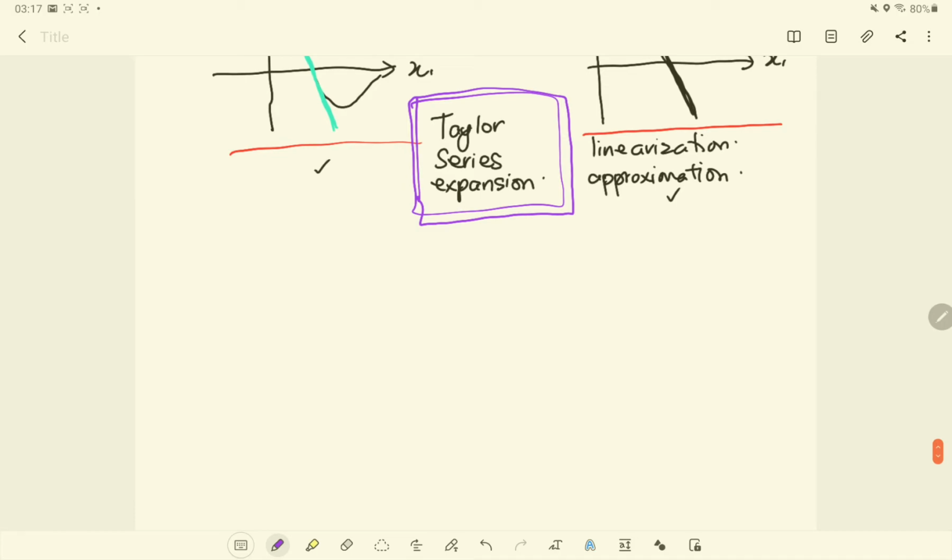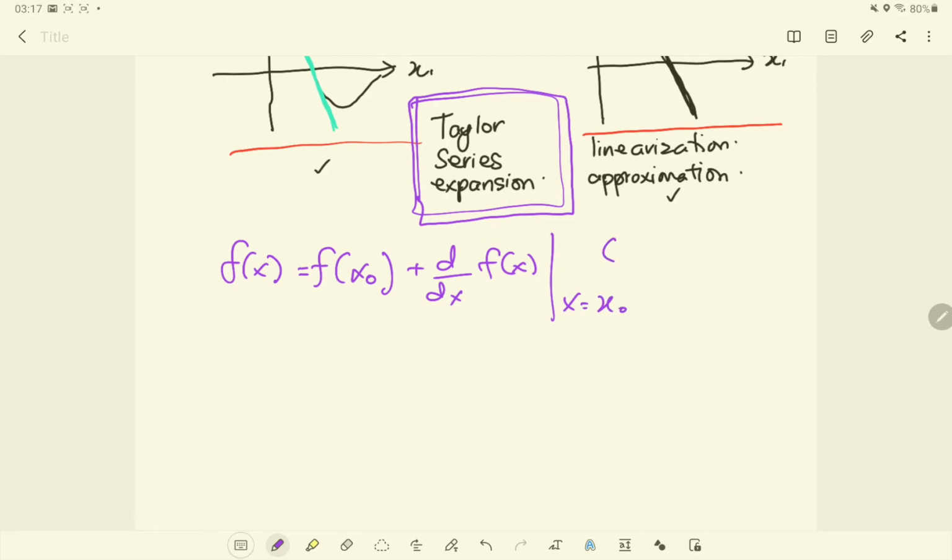The Taylor series is f(x) equals f(x naught) plus d over dx of f(x), where x equals x naught, times (x minus x naught). So it seems complicated. So now we see one example for explanation.